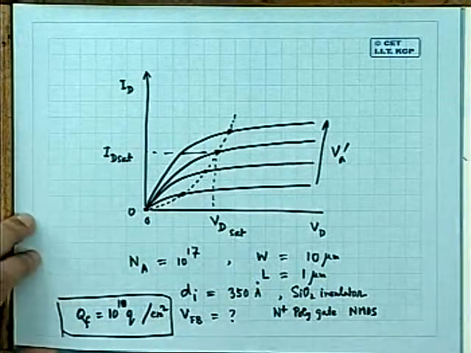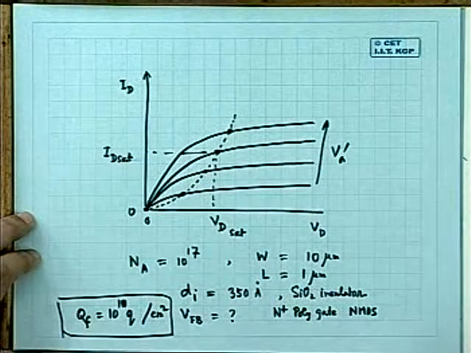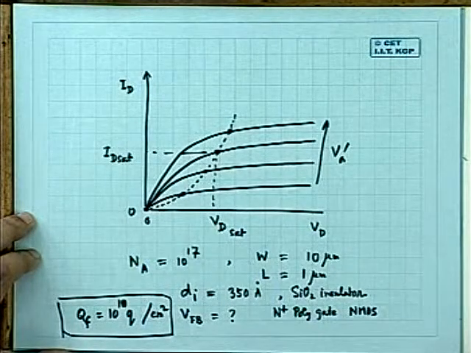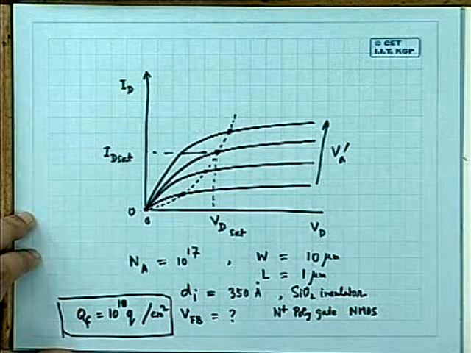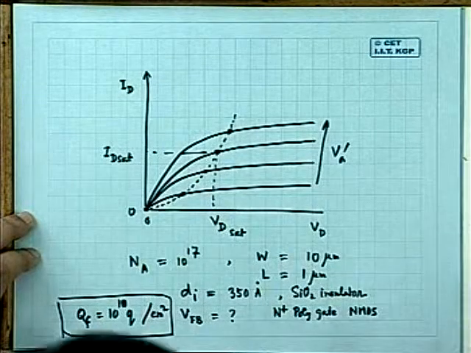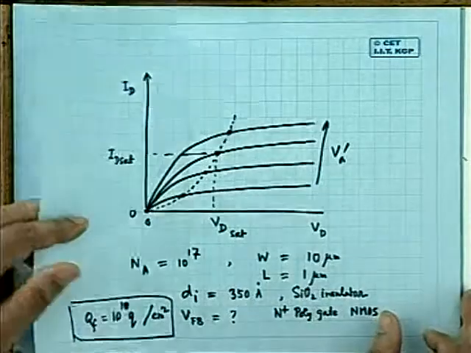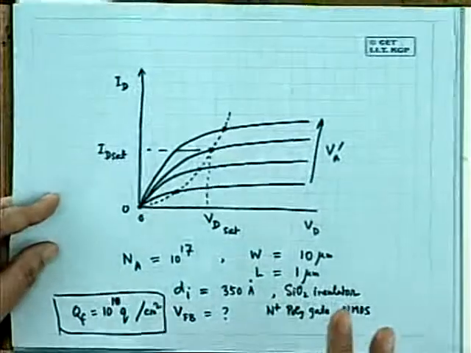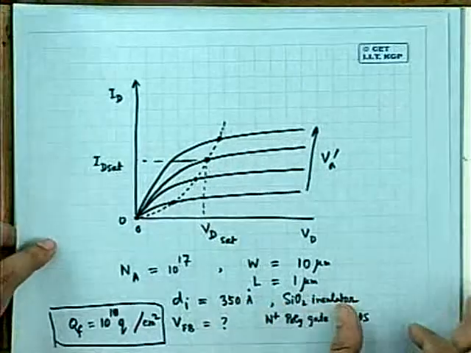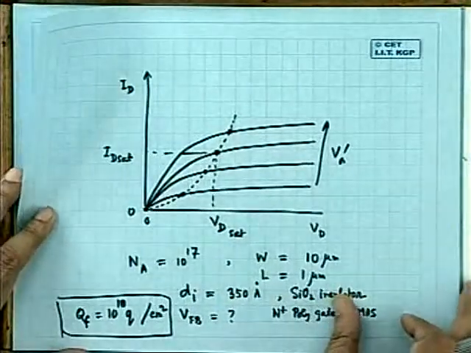I think I have given you everything. Epsilon S for silicon is 12, epsilon silicon dioxide is 4 multiplied by epsilon naught. All these values are given. You generate this curve. It's a very interesting thing. If you can practice this, you will learn much more than whatever you have studied in the class.